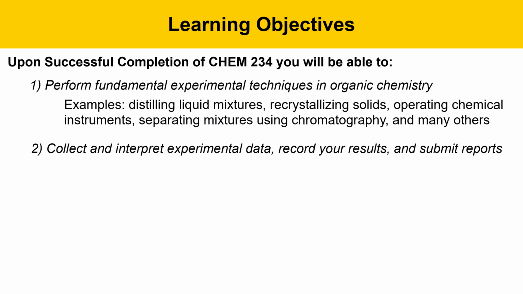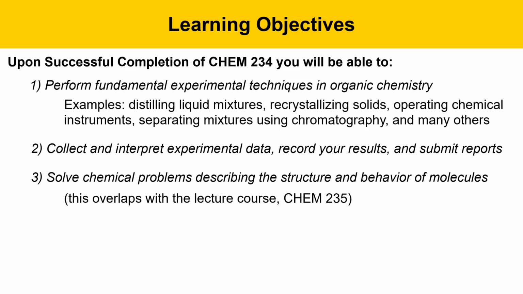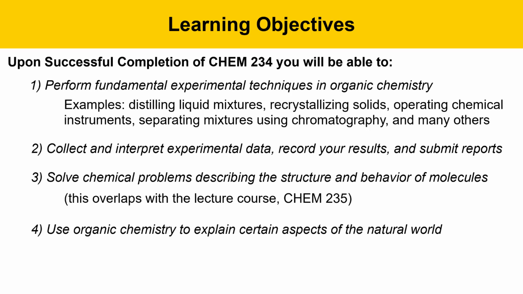You'll also collect and interpret experimental data, you'll record your results, and you'll submit reports on your results. You'll learn to solve chemical problems and describe the structure and behavior of molecules. These kinds of problems will help with the lecture course, and there's strong overlap between the lab and the lecture, Chem 235. Finally, you're going to be able to use organic chemistry to explain certain aspects of the natural world.